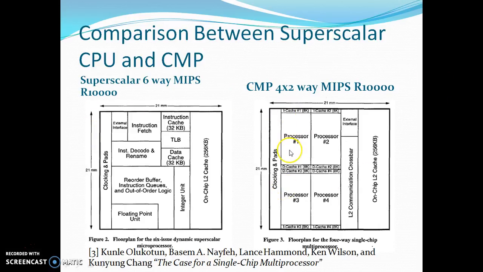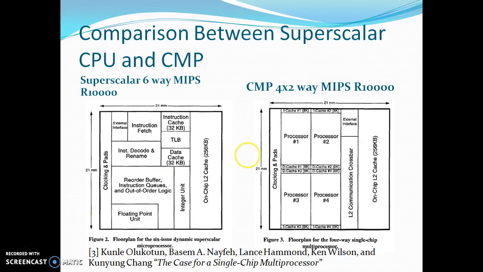But on the CMP there are 4 processor cores, whereas the superscalar processor has only a single processor. The reason is that superscalar processors require a reorder buffer, instruction queues and out of order logic, also instruction decode and rename logic. Therefore these blocks occupy a lot of area on the chip.